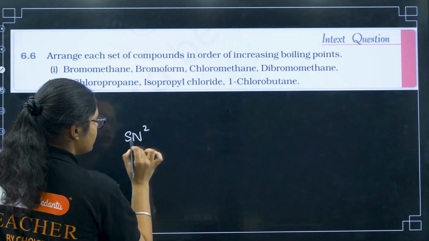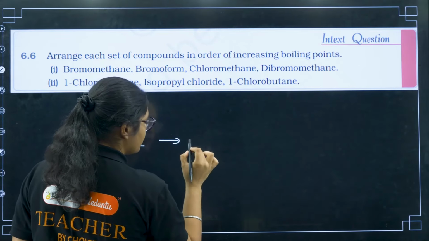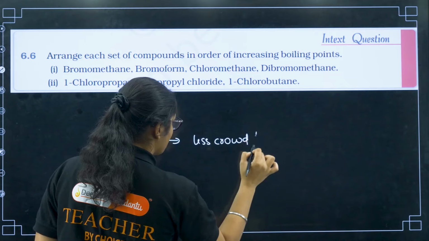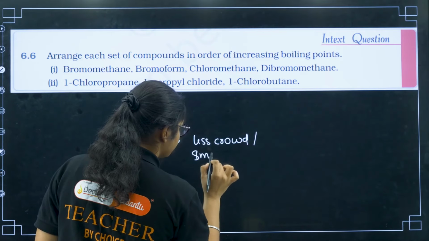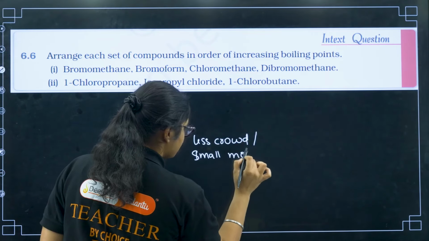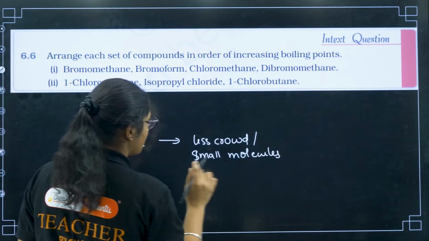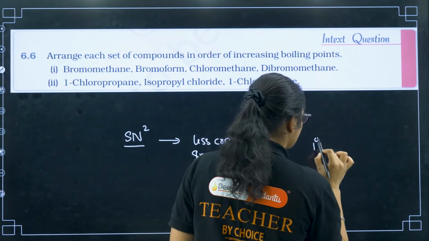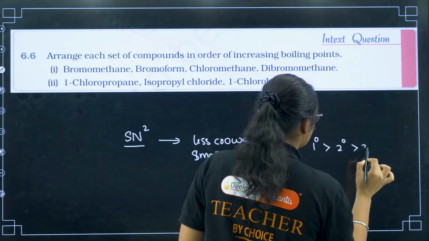See, SN2 mechanism will always follow less crowd, or you can say small molecules. Small molecules will undergo SN2 mechanism, and that is why the order here is 1 degree, 2 degree and 3 degree.